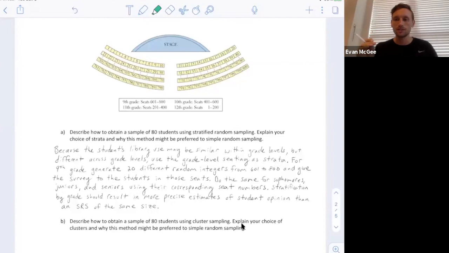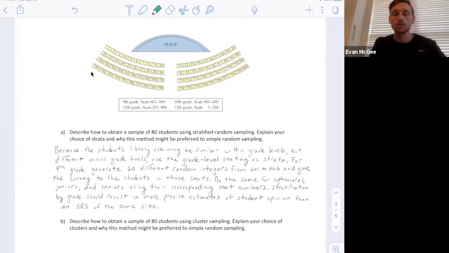And instead of taking a simple random sample from each group, I'm going to randomly select and use everyone in my clusters. So based on the seating, if I put them in groups based on their row, then row 1 is going to have freshmen, sophomores, juniors, and seniors all present.